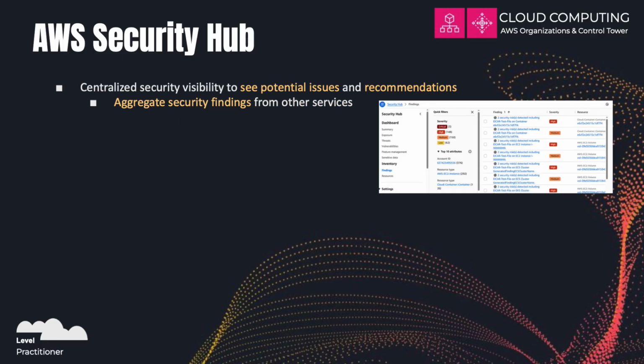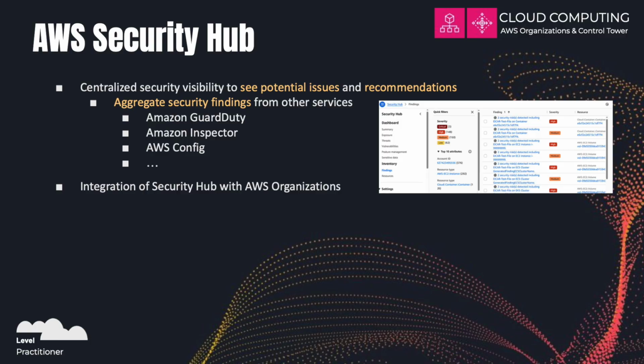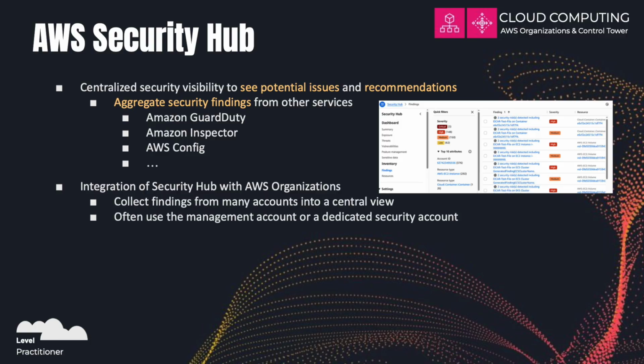It's a service that collects and aggregates security findings from many other AWS services like GuardDuty, Inspector, AWS Config, and more. With AWS Organizations, Security Hub can collect findings from multiple accounts and bring them into one centralized view. That way, your security team doesn't have to jump into every single account to understand what's going on.